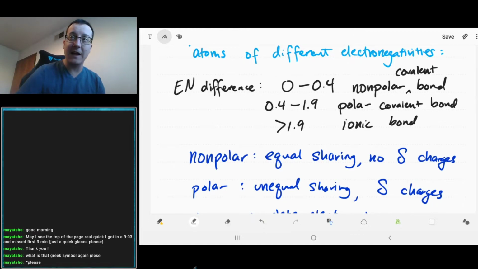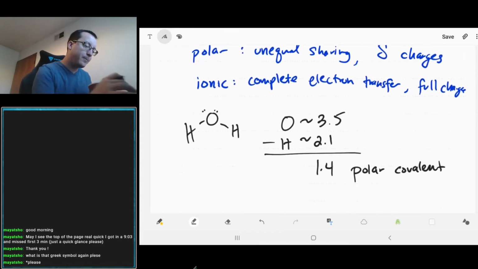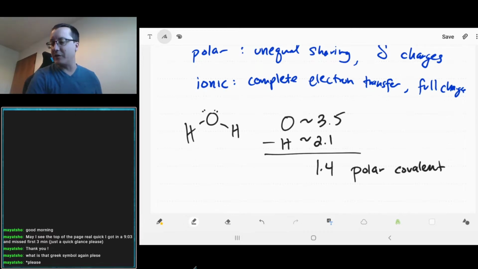Again, in reality, it's kind of a spectrum. If it's right at 0.4, for example, you could make good arguments for either side. But when it's pretty smack dab in the middle of a range like this one is, it's for sure polar covalent.